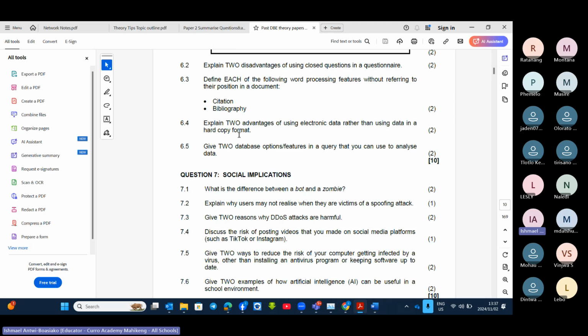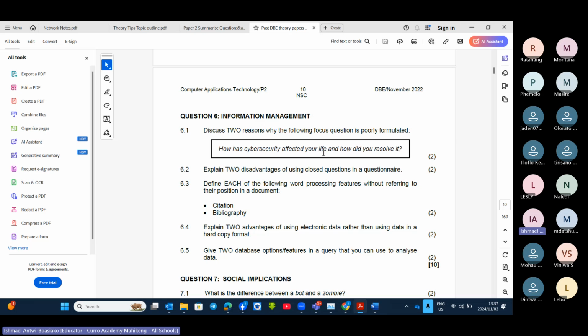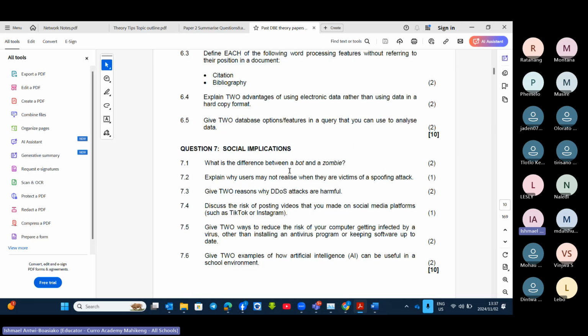For instance, this question is from November 2022. What is the difference between a bot and a zombie? We just discussed it. And then, by picking the keywords, explain how users may realize they are victims of a spoofing attack. I will talk about spoofing also. Give 2 reasons why DDoS attacks are harmful. In other words, what do they cause? The effect of DDoS.